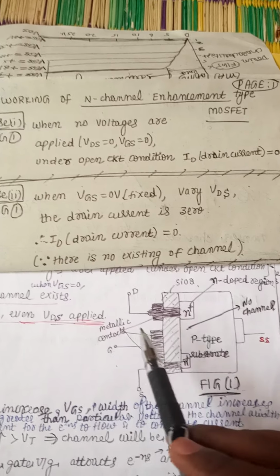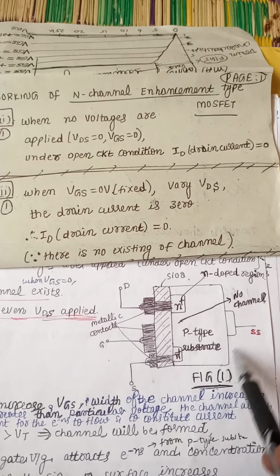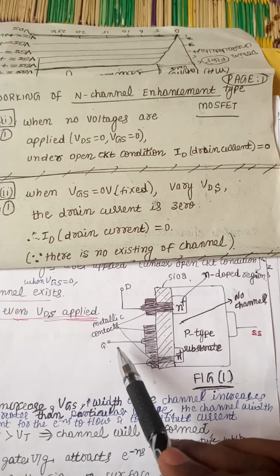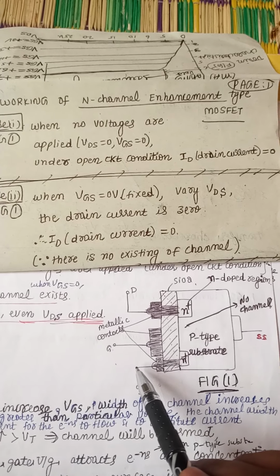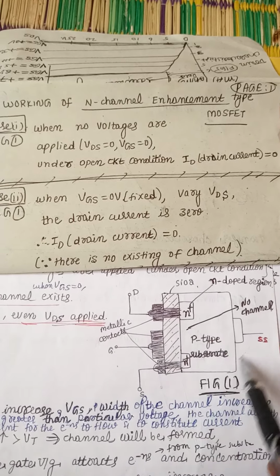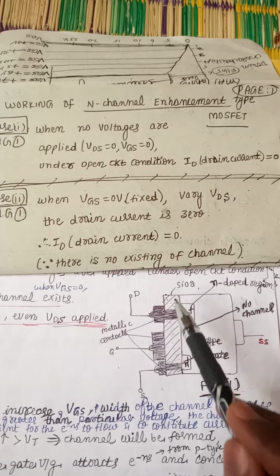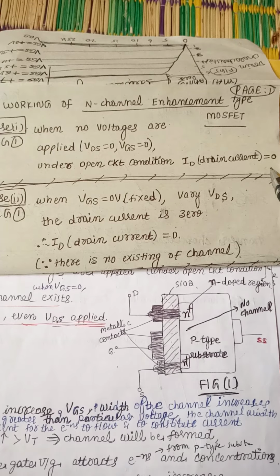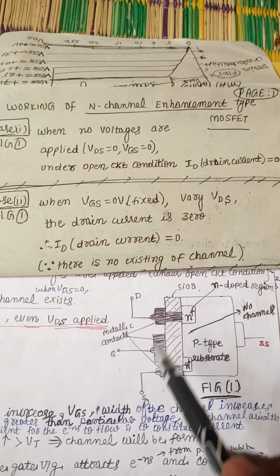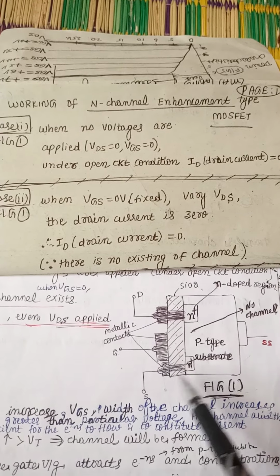Biasing in the sense, I am not applying any drain to source voltage and gate to source voltage. If both are 0, drain to source and gate to source, then the drain current is 0. So the circuit condition we call the open circuit condition.